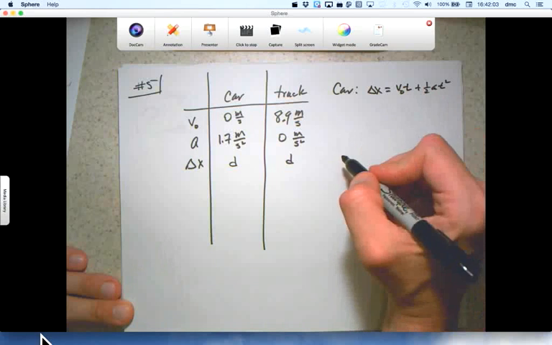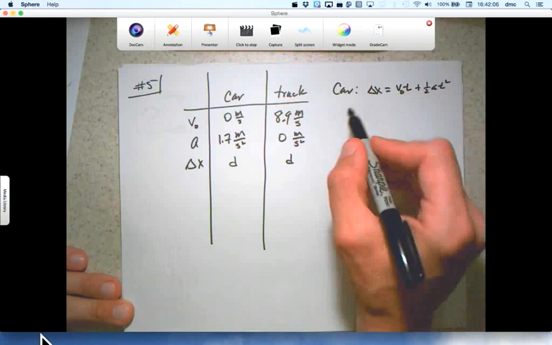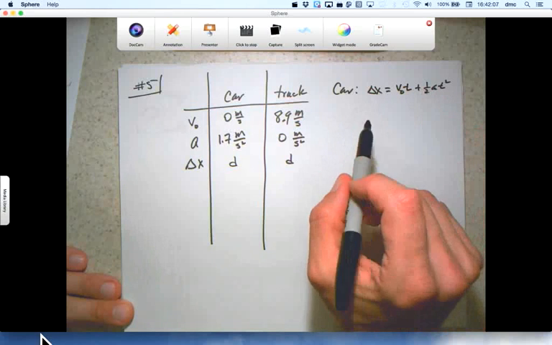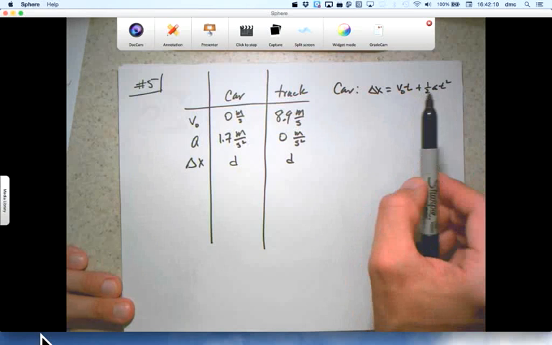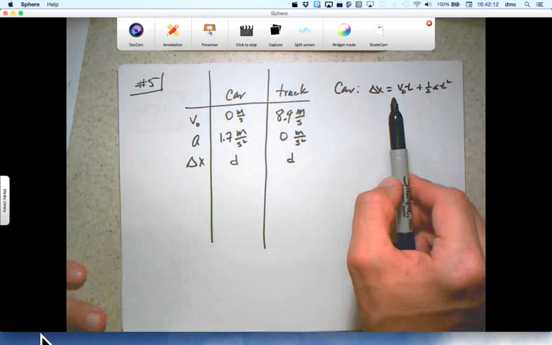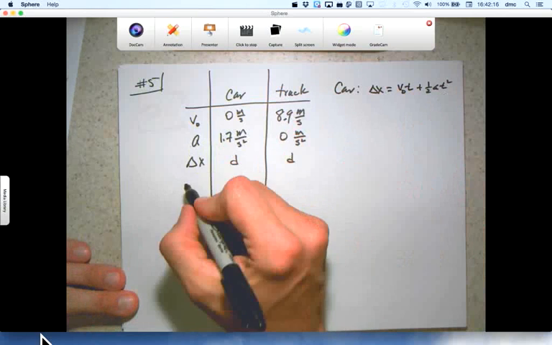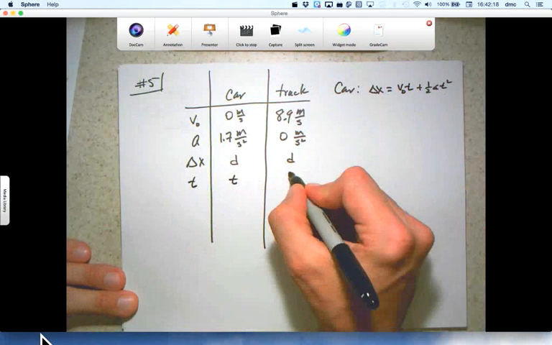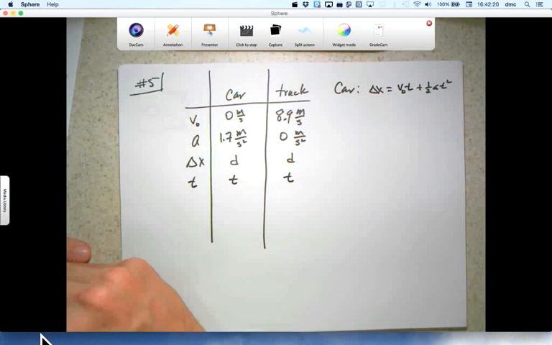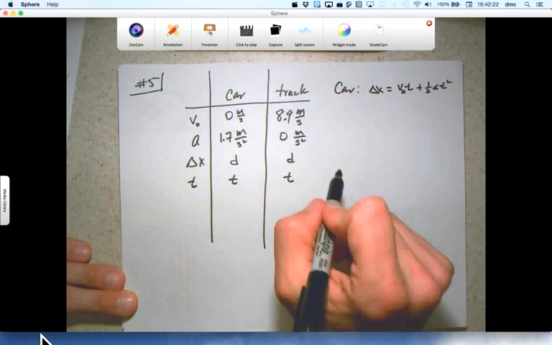And for the truck, we don't know what the time is, so we got two things that we don't know. But we know that it's going to have to happen in the same amount of time, in the same amount of distance. So t for each of them is the same also, because it's when the car catches up with the truck.